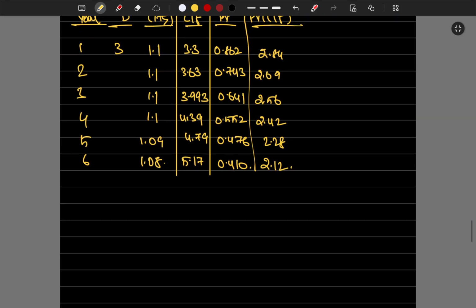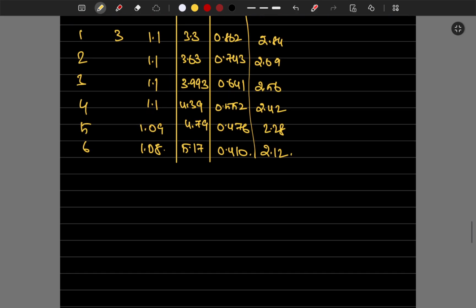Now you have to calculate the value of equity. You have to know the price at the 6th year. How to calculate the price at the 6th year? P6 is equal to D7 divided by KE minus G. D7 is 5.17 into 1.07, growth rate 7%.